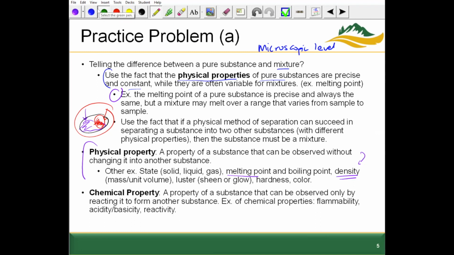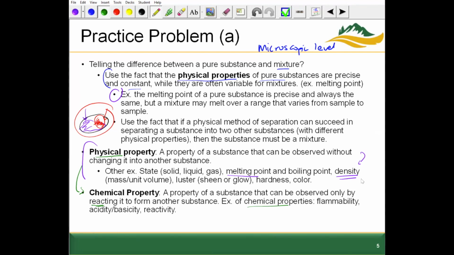Now, this problem was focused on looking at physical properties, but I also wanted to go ahead and point out that we do have chemical properties as well. For chemical properties, we think of those as being able to observe some sort of reaction that's taking place, like flammability, acidity or basicity, and reactivity, where these different properties are specific to, again, pure substances, and then they would be different if we had a mixture.